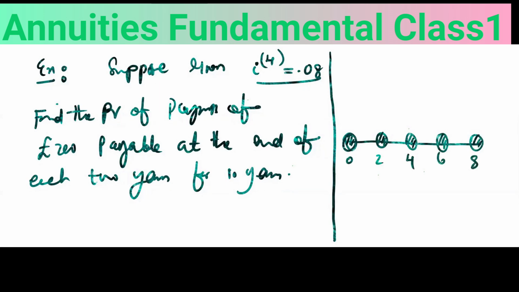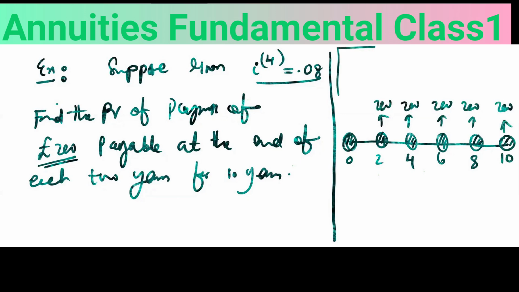So if you see here, 10 years, and 200 payable at the end of each 2 years for 10 years. So here 200, here 200, here 200, here 200, here 200. The gap is 2 years. And you need to find the present value here.